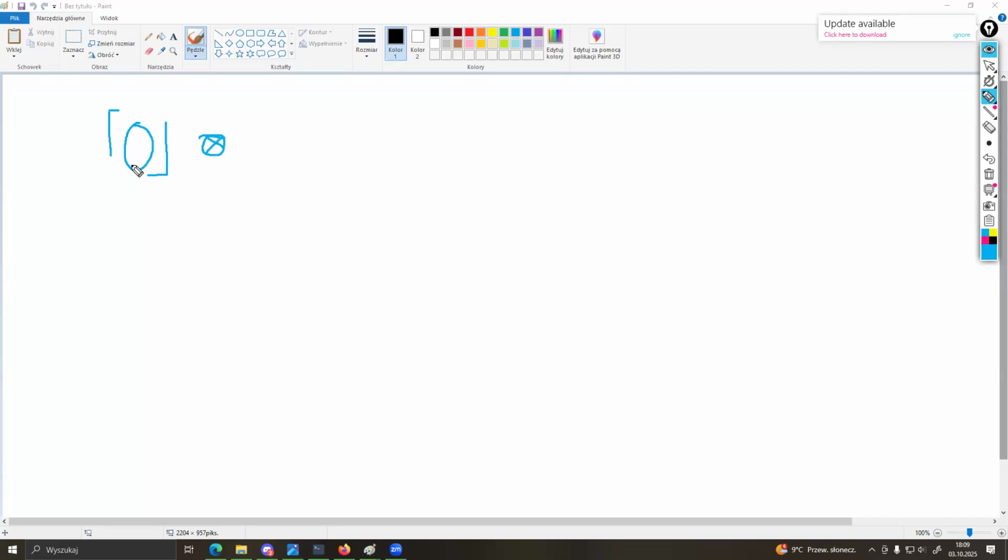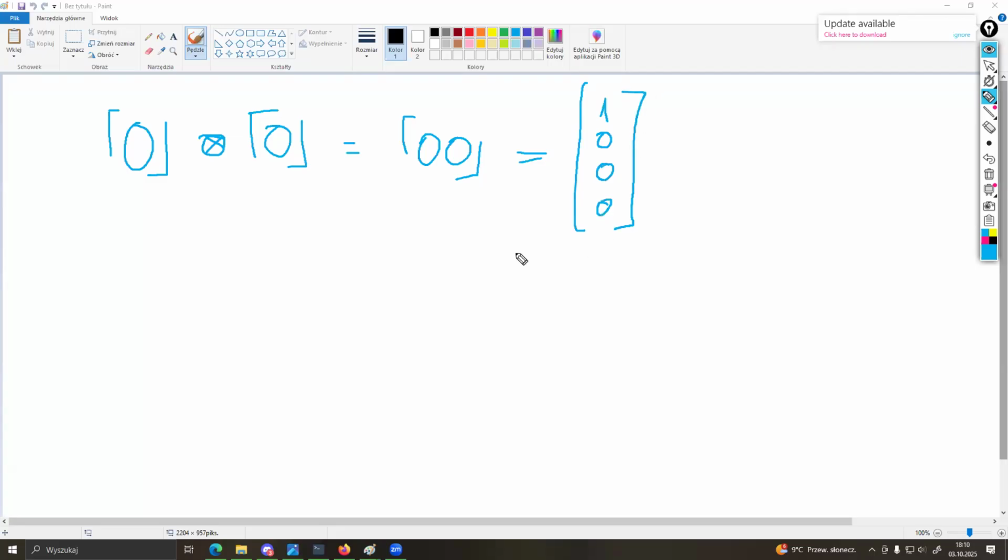So for example, when I combine a 0 with yet another 0, I get a 00 from a classical system, and this is roughly a column vector with now four vector components, since these were two component vectors.